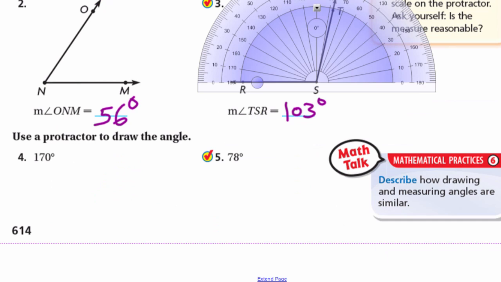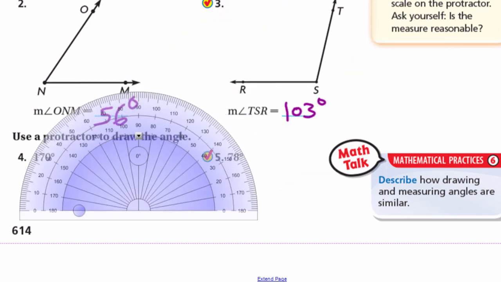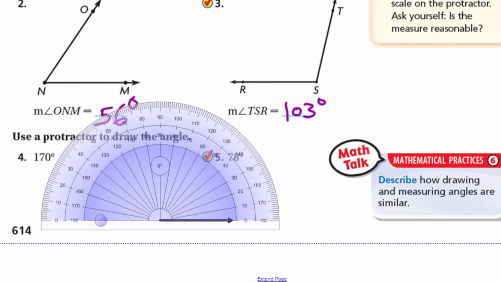And now use a protractor to draw the angle. Number 4, we'll draw an angle of measure 170 degrees. So first we'll draw a ray. And then we will put the center of the protractor on the vertex, and align the 0-degree mark with the ray.